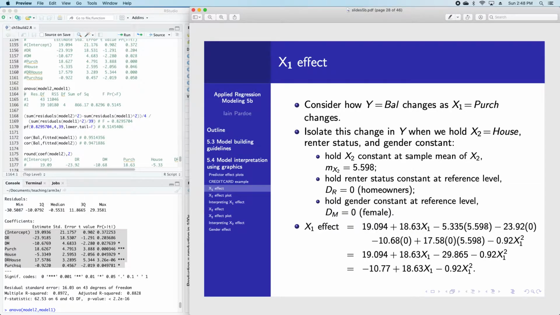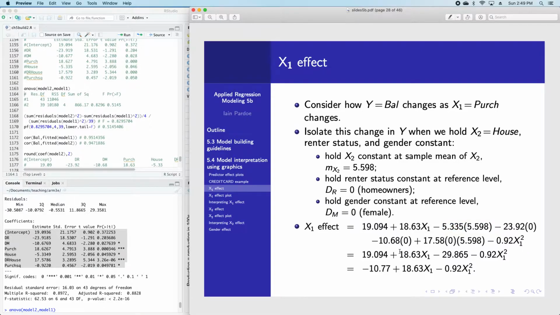If I do all that, I end up with an equation that I can simplify with some calculations. For example, this will simplify to 0. This piece will simplify to 0. This piece will simplify to whatever 5.335 times 5.598 is, and so on.